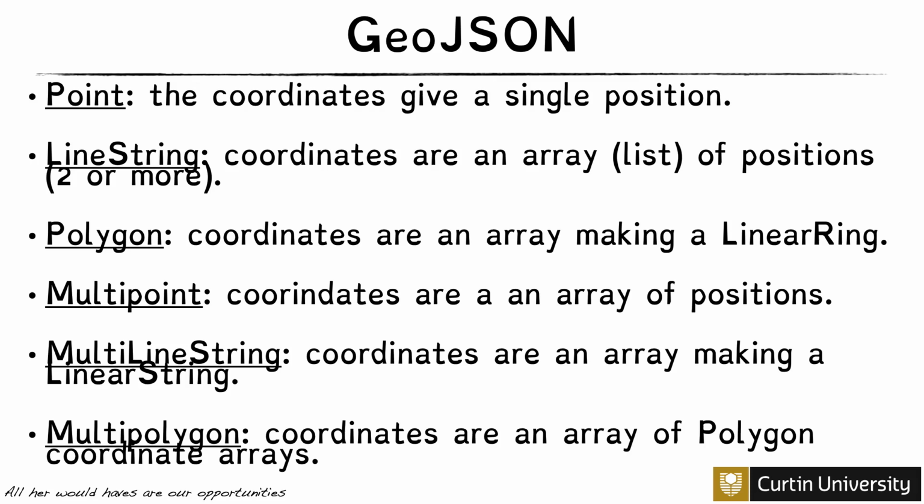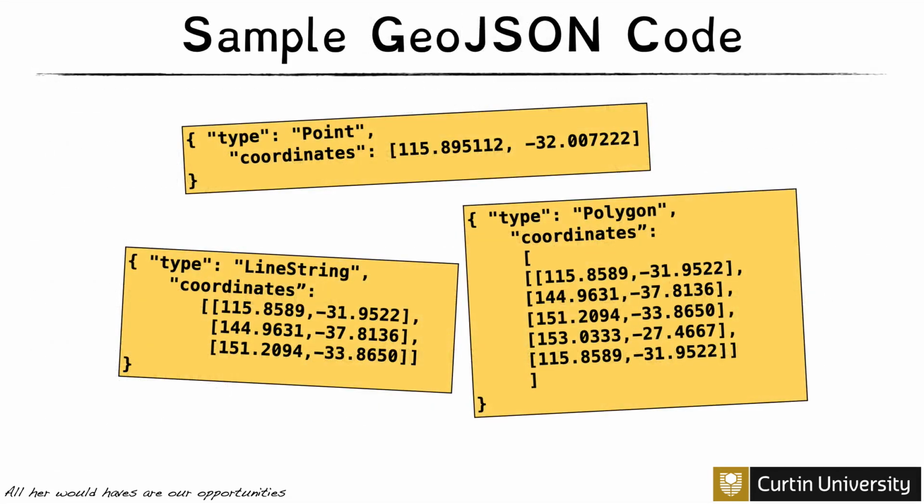There's multi-points, which is just an array of positions, a multi-line string, which gives us an array of coordinates that make line strings, and there's multi-polygons, which gives us an array of polygons. Reasonably straightforward. So here's some sample GeoJSON code. We've got a type, we've got a line string, and we've got a polygon. You'll notice with our polygon that our first two coordinates and our last two coordinates are the same.